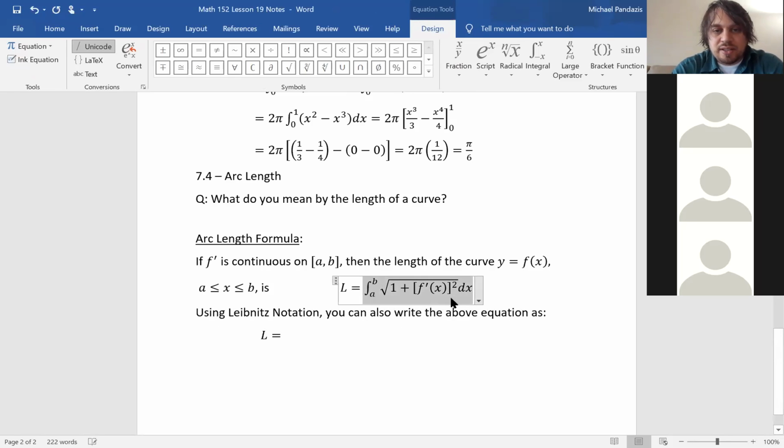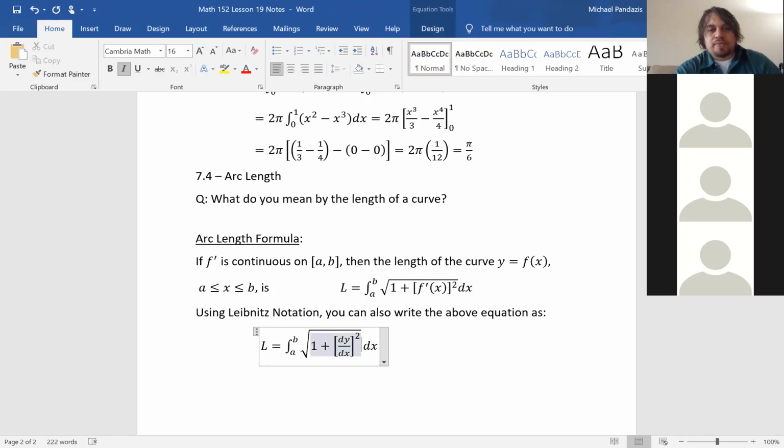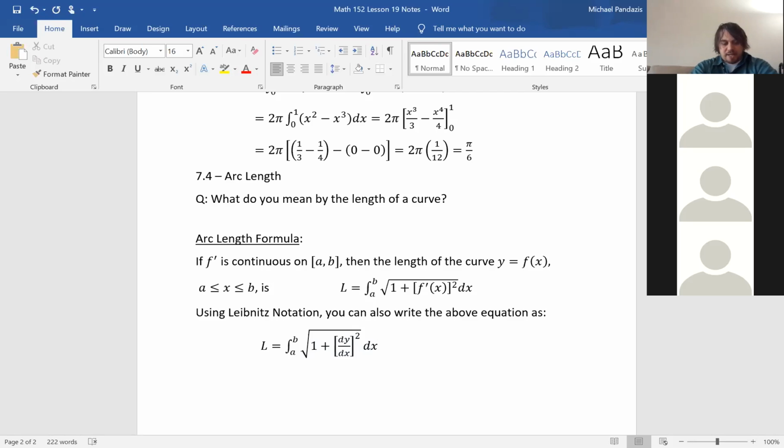It's almost the same. You would just replace f prime of x with dy dx, and so your formula would look like that. I'm going to keep the bracket there just so you can see the correspondence between f prime of x and dy dx. Okay, so that's the formula.